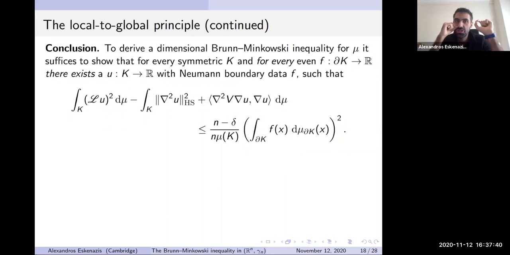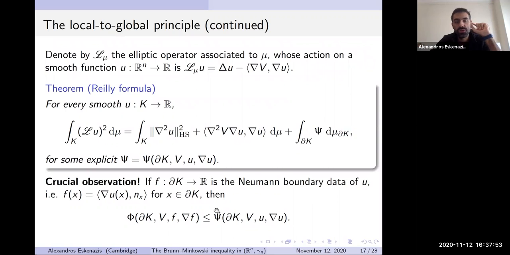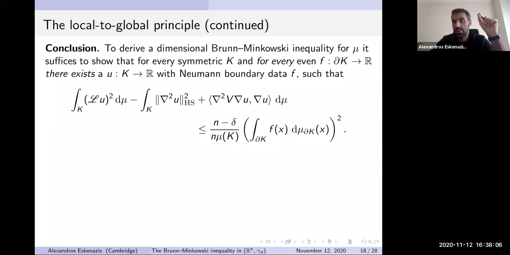Remember that we had to show that for every symmetric K and for every symmetric f, phi was bounded above by this. Now we know that this inequality holds true for every u which has Neumann boundary data f. This means that we have the freedom, given f, to choose the correct u.